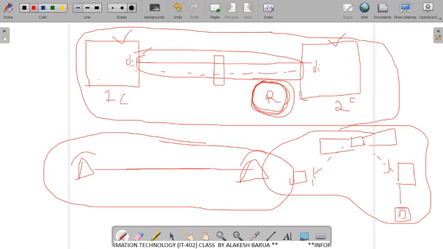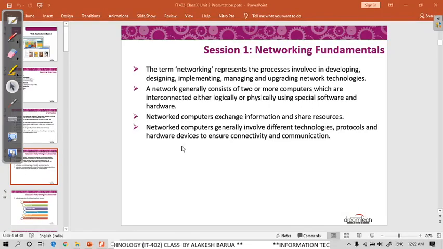In networking terms, the rules and regulations that a computer must obey are known as protocols. Wait, I'll just write it here. Protocols. So they have to follow these protocols to exchange data and information. All these things they have to do for the computers to be in a network. Network computers generally involve different technologies, protocols and hardware devices to ensure connectivity and communication.